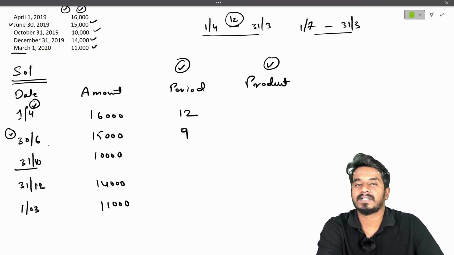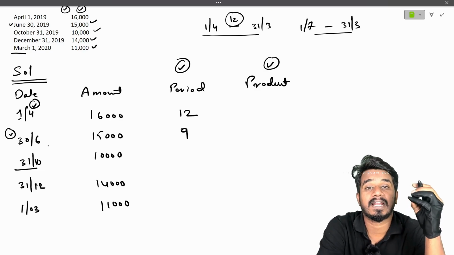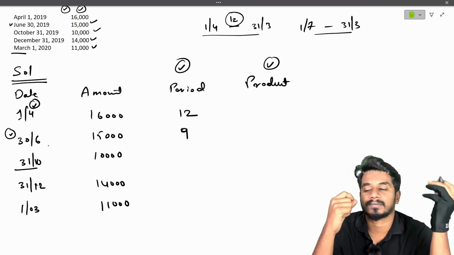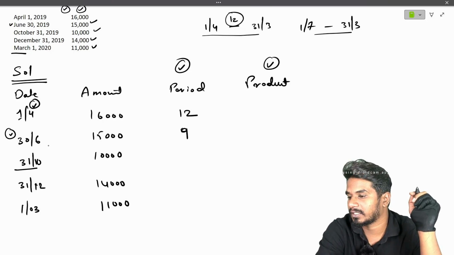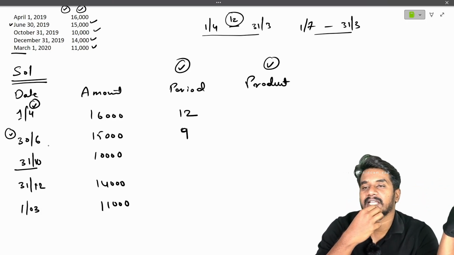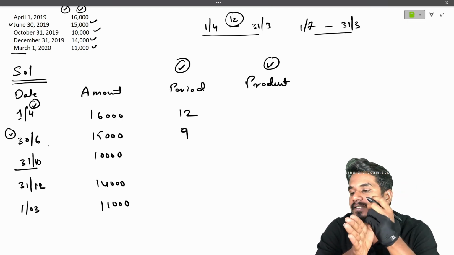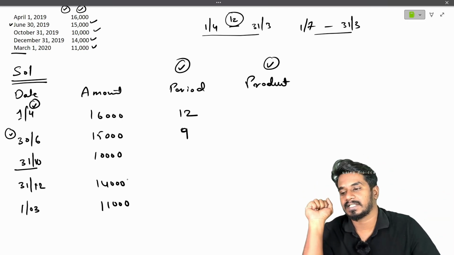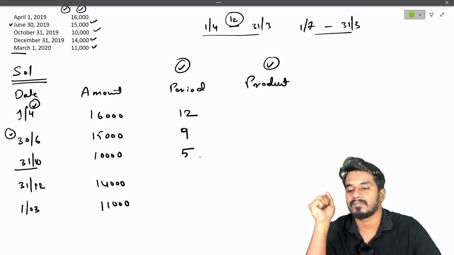From 31st October, which means November, December, January, February, March. October 31st is a month end, so it will go to the next month. From the next month, we calculate November, December, and 3 more months. It is 5 months totally.